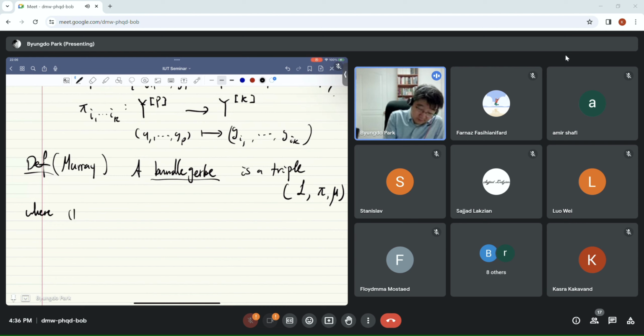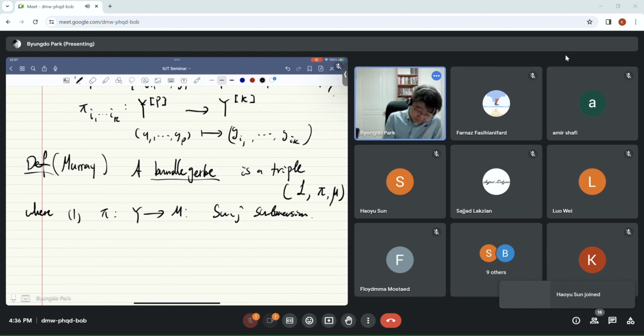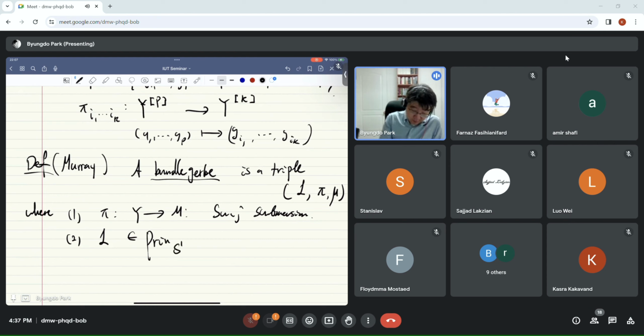Where this pi is Y to M, a surjective submersion. Then second, this L is a principal S1 bundle. Like you could say U(1) bundle, or you could also say complex line bundle, depending on what your context is. Or you could also say C-star bundle. I mean, yeah, the complex numbers minus 0.